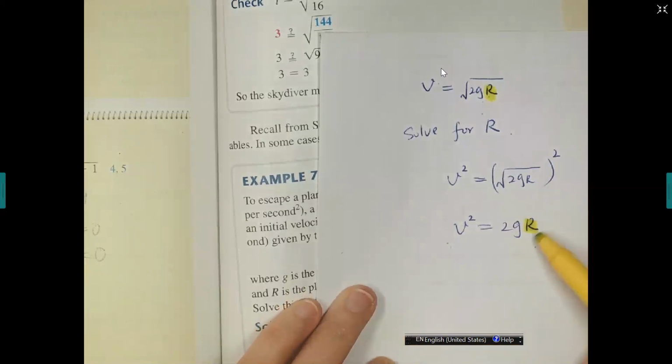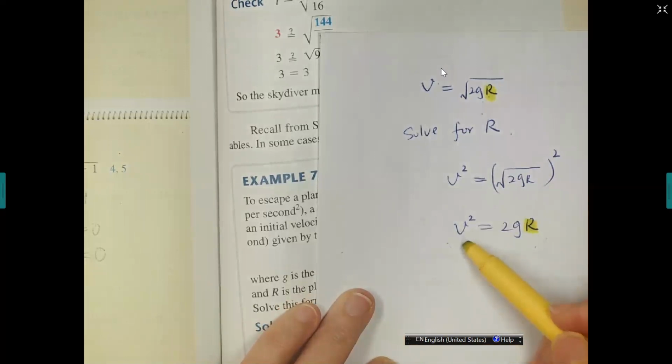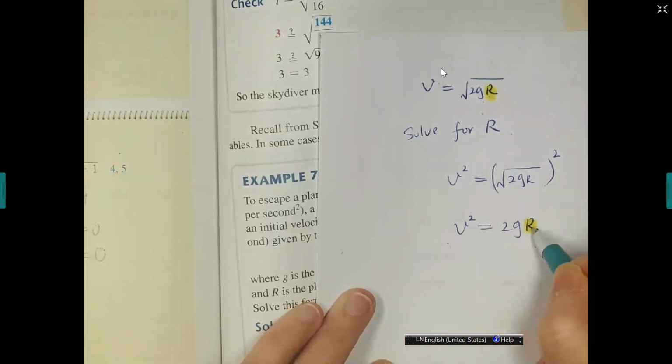So this is some number times r equals another number. How can we get r? We just need to get rid of the 2g, then r will be on the right side by itself. How can we get rid of it? Do the opposite operation. They are multiplying together, so I will divide by the coefficient of r.